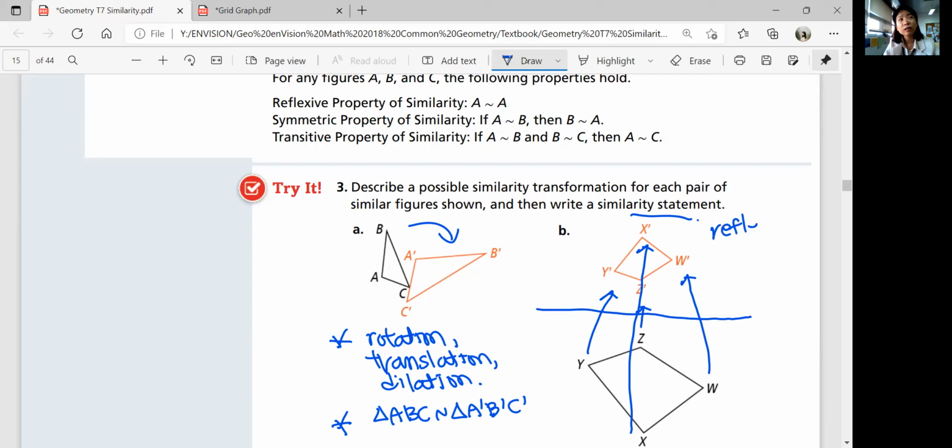So reflection, what else? Dilation, because the size becomes smaller, it shrinks. And then you might need a translation, it depends, but you can just write reflection and dilation. And the similarity statement: WXYZ is similar to W prime, X prime, Y prime, Z prime. Okay, so these are the answers.